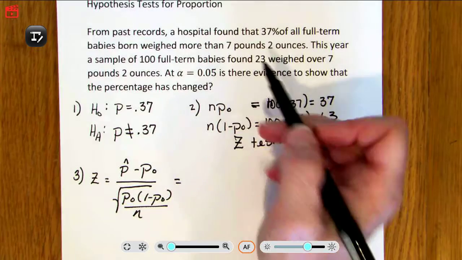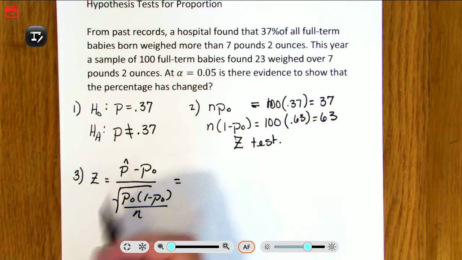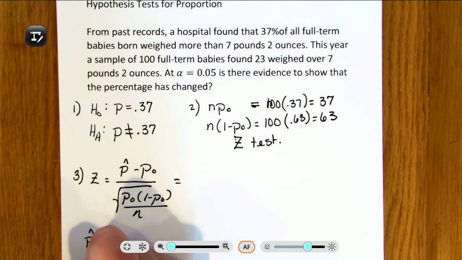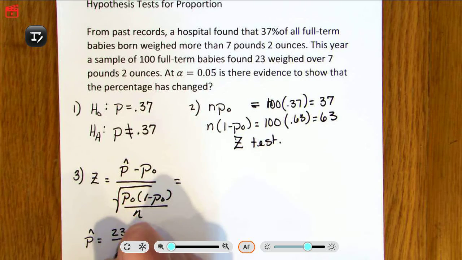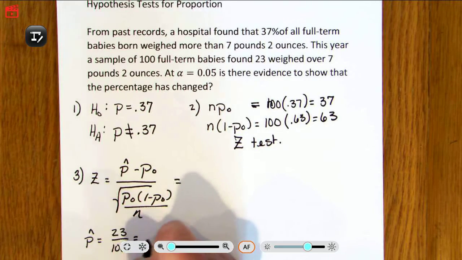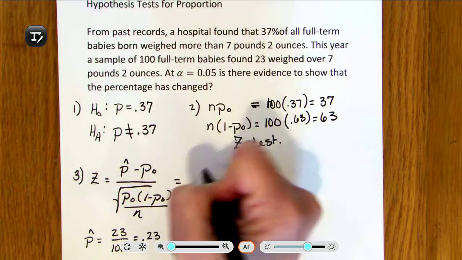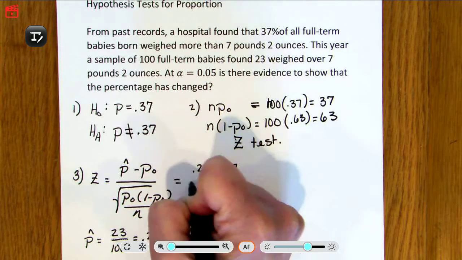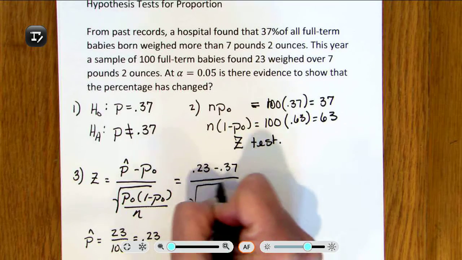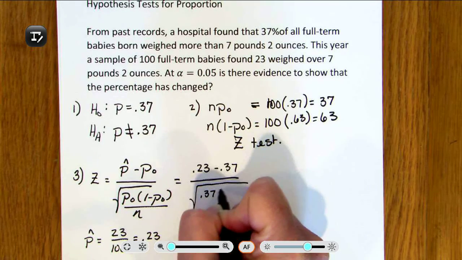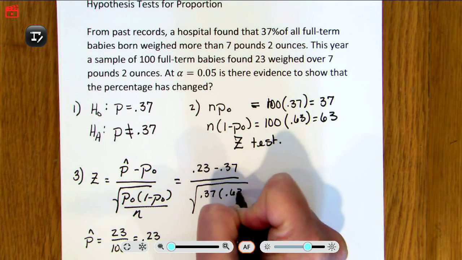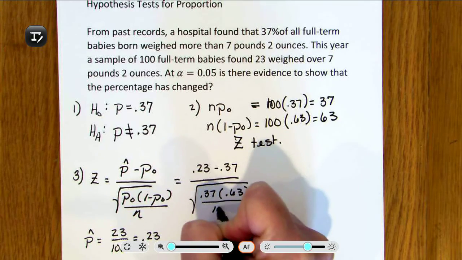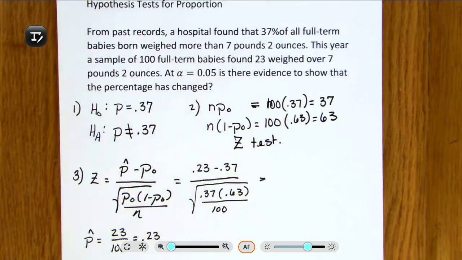We had 23 out of the 100, so p hat is 23 over 100, which is 0.23, minus my 0.37, all over the square root of 0.37 times 0.63, divided by my n of 100.